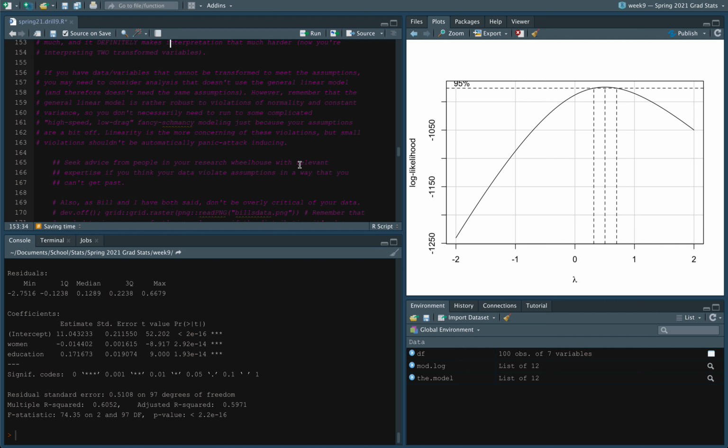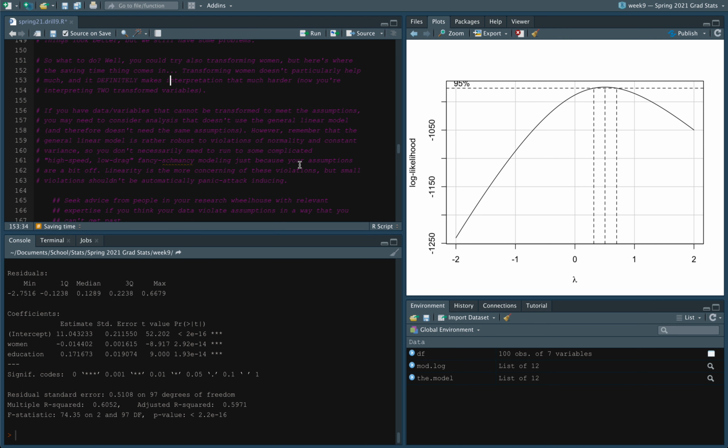You got a little bit of violated heteroscedasticity or whatever. Linearity is more concerning, but small violations shouldn't automatically make you throw everything out.